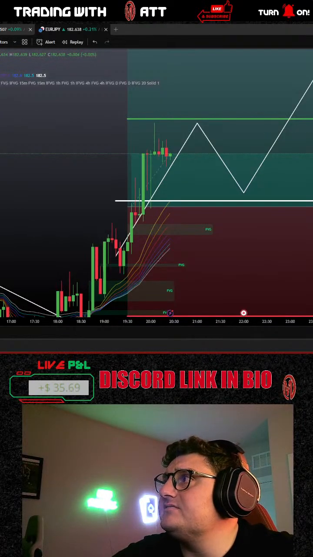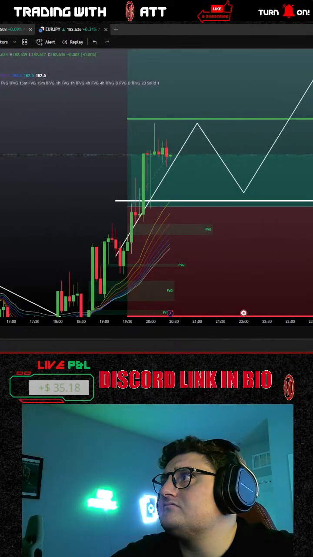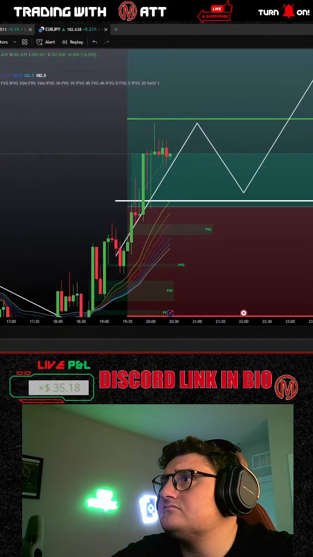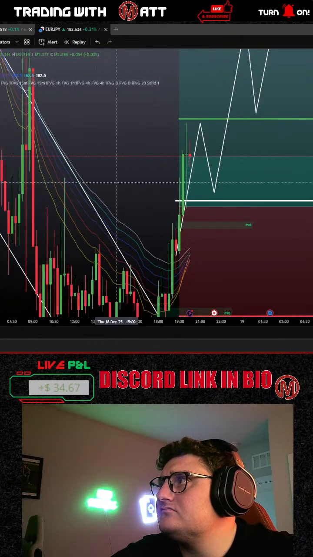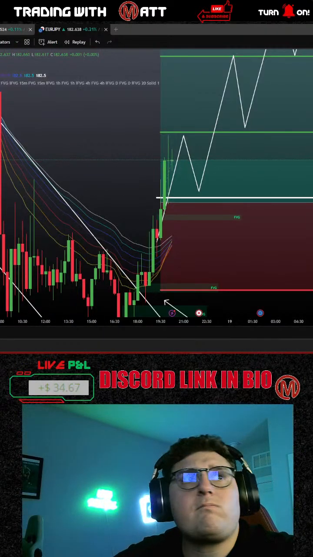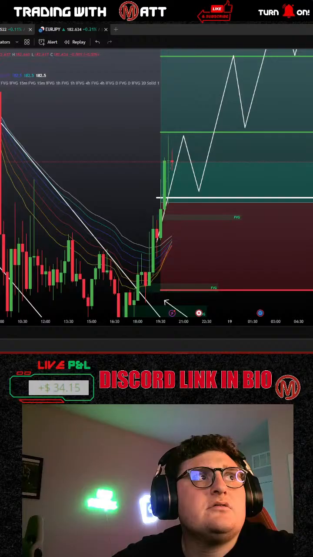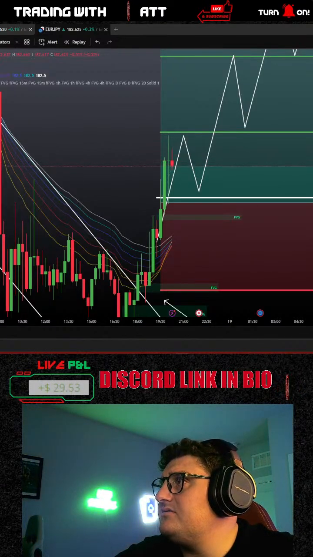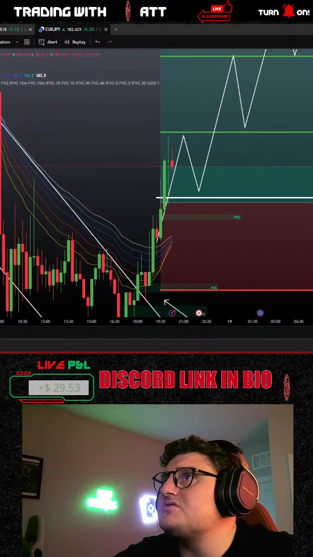A lot of movement on this 5 here. It looks like we're coming to a point here, and I'm not going to say it quite yet, but it looks like we may be getting out of this trade in the next 5 minutes and taking our profit, so we don't lose our profits here.